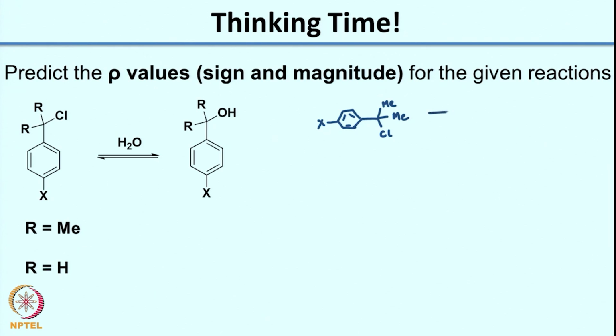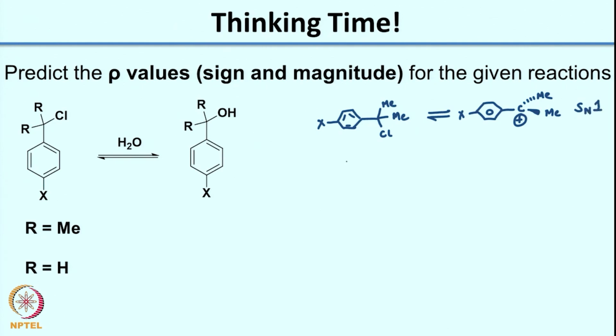So, in the mechanism you would have the rate determining step being generation of the carbocation. Since this carbocation is highly stabilized, my guess is the reaction would go by an SN1 mechanism.